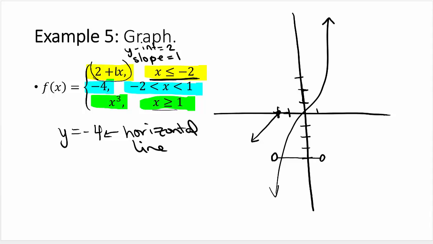I'm only looking in this case when x is greater than or equal to 1. So since it's greater than or equal to 1, we would have a closed-in circle at 1, and then we could get rid of the rest of that graph. That's the only piece that we're looking at for that part of my function. So I have a little bit of a cubic graph, a little bit of a horizontal line, and then a little bit of a line with a slope of 1.